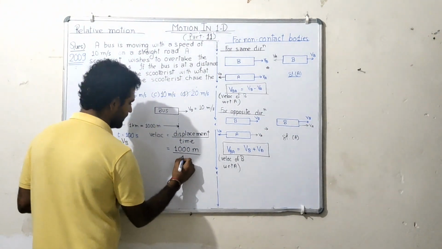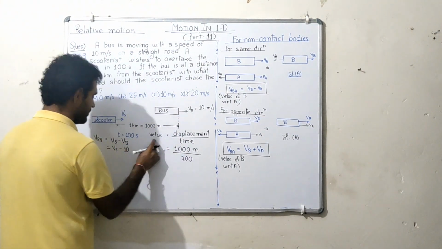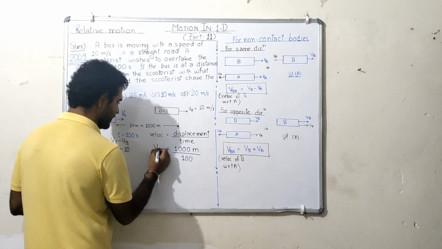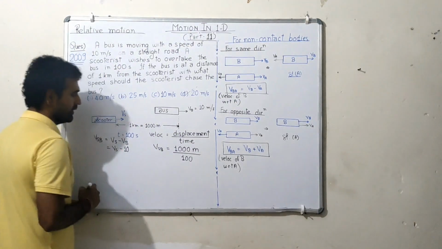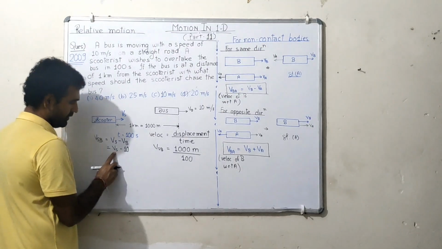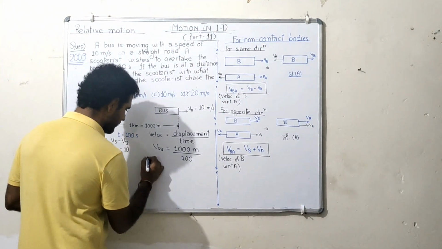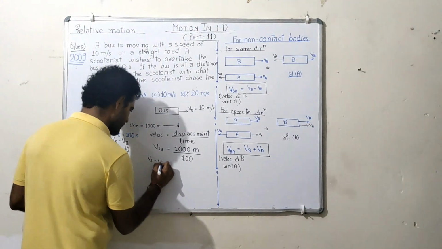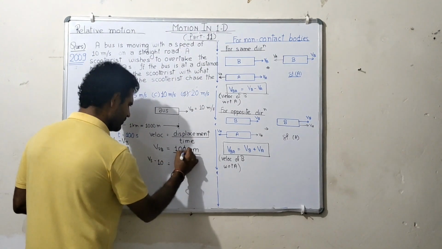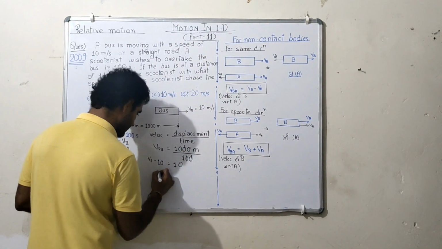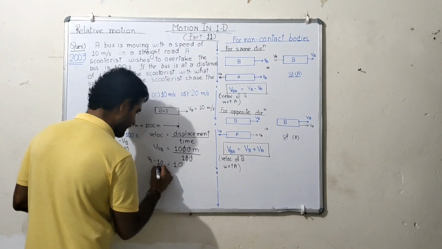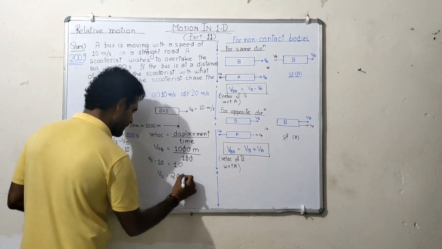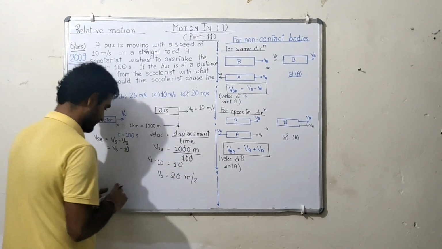Now velocity is what? We will take the velocity as vsb. Right. Now we will put the velocity vsb over here. Vs minus 10 is equal to 1000 upon 100, we can cancel it out, so this gives you 10. Vs is equal to 10 plus 10, comes out to be 20 meter per second.